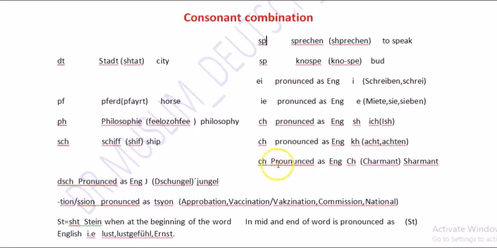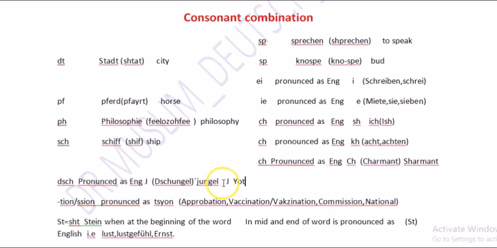The next one, ch is pronounced in English as ch, like in English we have charming. In German we say charmant, the same like that. In the next one, in German we have Jungle. J is pronounced as in English.